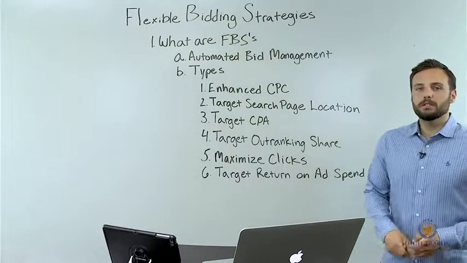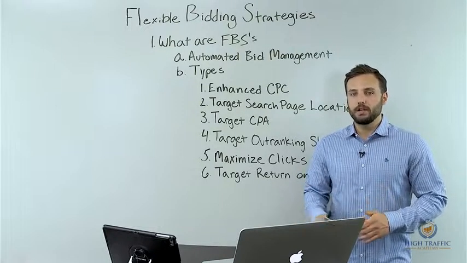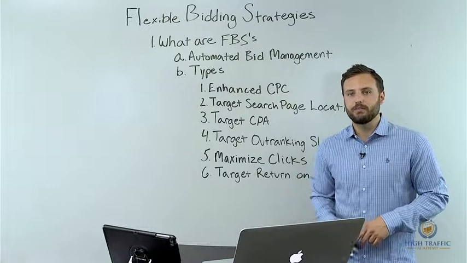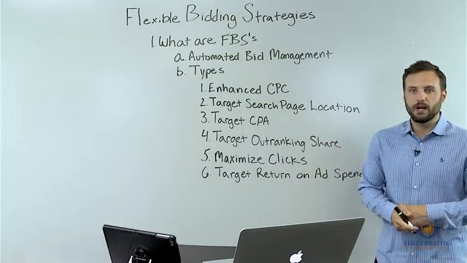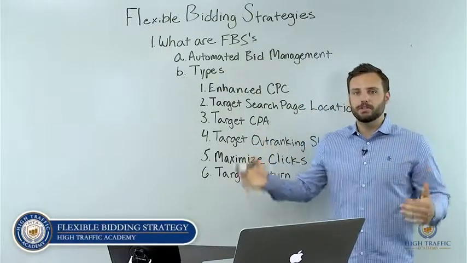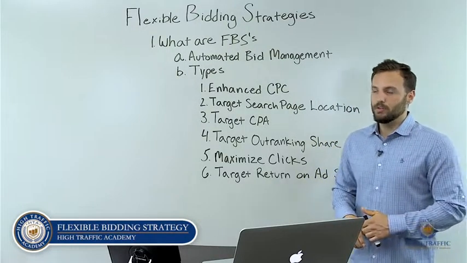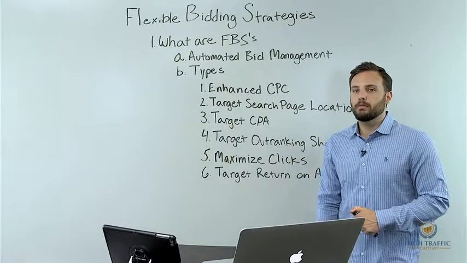My personal experience has been great with flexible bidding strategies, but I still manage it as if I were running a manual cost per click campaign where you go in and adjust every keyword bid. I still pay a great deal of attention to my flexible bidding strategies and go in and increase percentages and decrease cost per clicks or vice versa, whatever it may be, to ensure I'm getting the most out of my flexible bidding strategies.